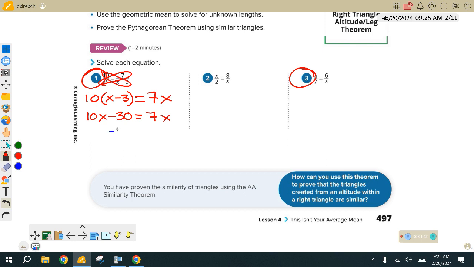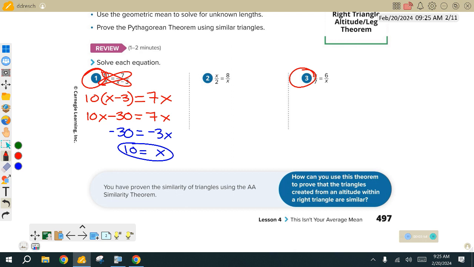If I subtract the 10x, I get negative 3x, and then divide by negative 3. Watch your negatives, please. Divide by negative 3, and what do we have? Positive 10. So again, these are simple equations at this time of the game.